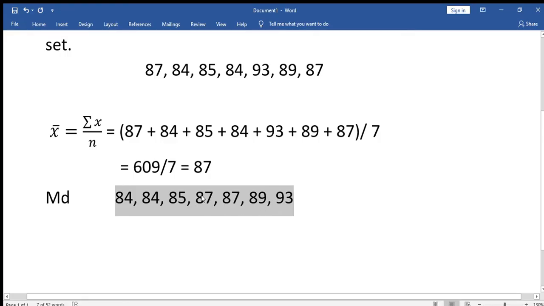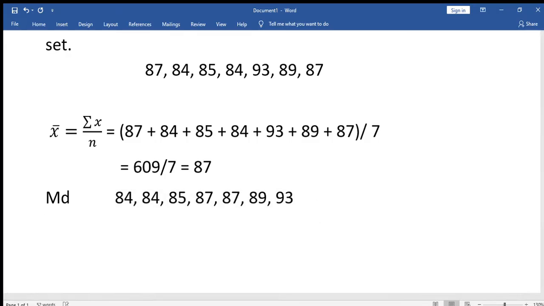So here we have 87. Preceding digits, we have 3 scores. Then succeeding digits after 87, we have also 3 scores. So our median here is the 4th in position, which is 87.